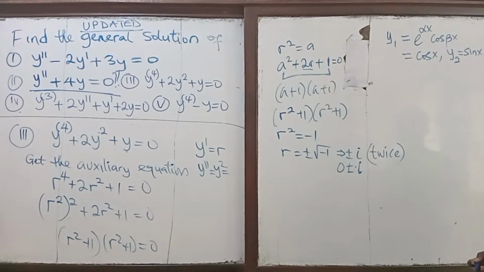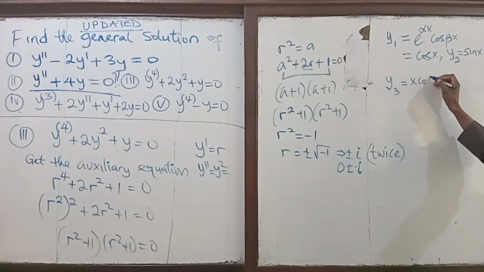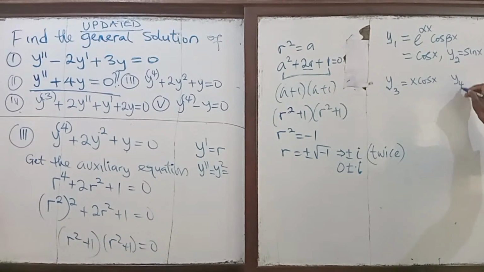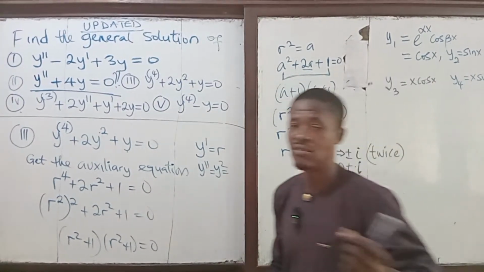Okay, since it's a repeated root, it continues. y3 will be equal to x cos x, and then y4 will be equal to x sin x, because you must have the cosine and you must have the sine function.